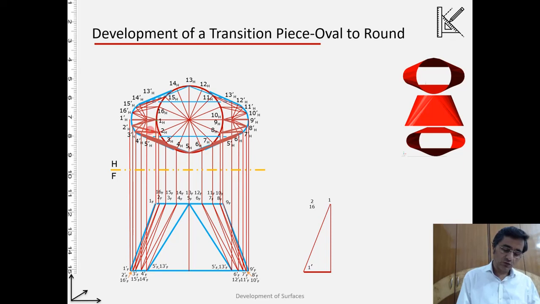That means I will have to rotate it, and by rotating it I will have to see the corresponding projection. So corresponding to 2, here is the point, 2 dash, here is the point. Once I rotate it, I will have the corresponding point. I can join it to that. That will become the true length.